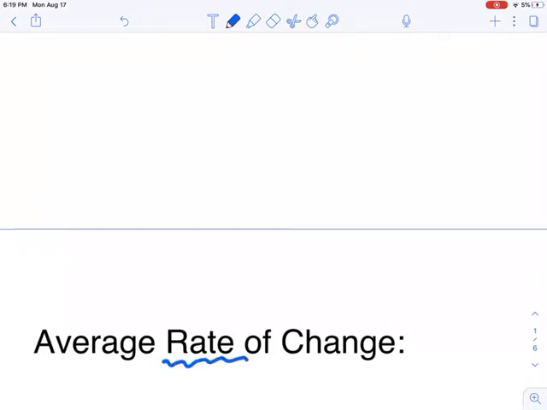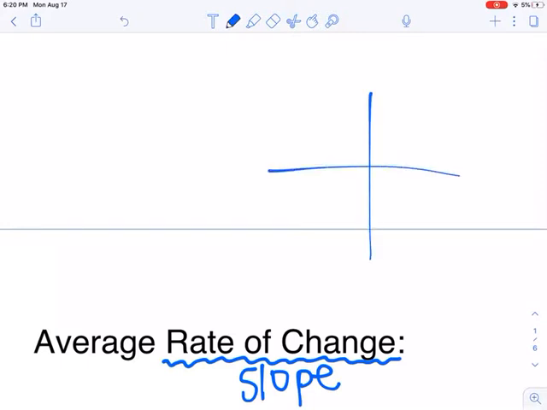Rate of change, we like to associate with the word slope. So we are looking for average slope. If I gave you a linear function and I said identify the slope, you would all have an okay time figuring that out.